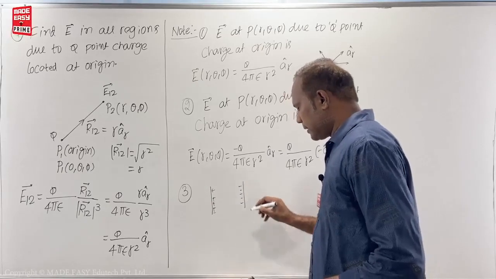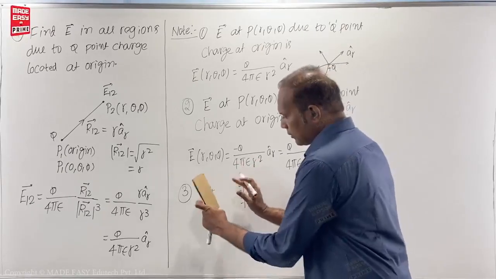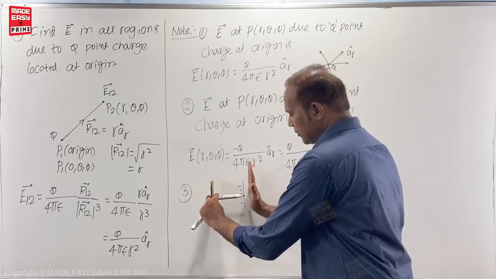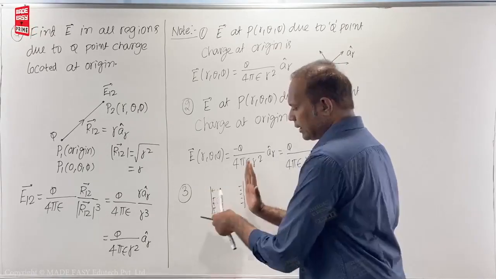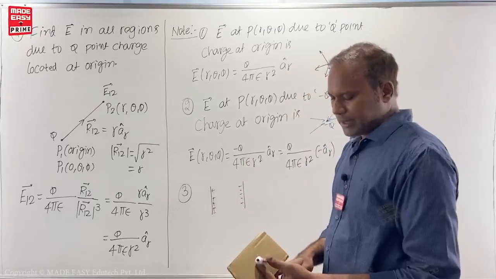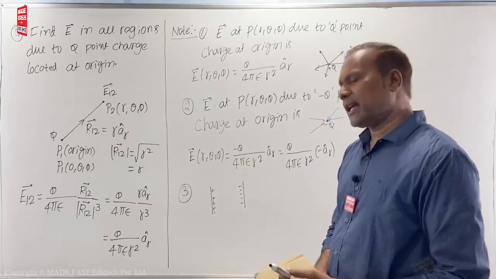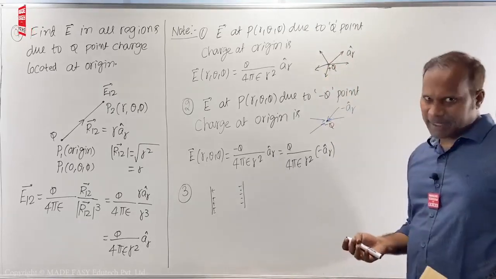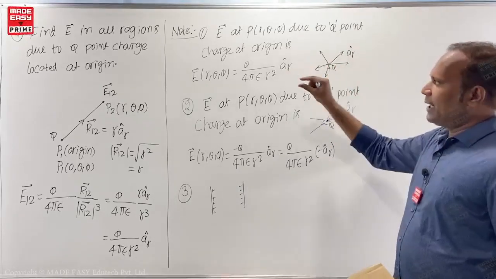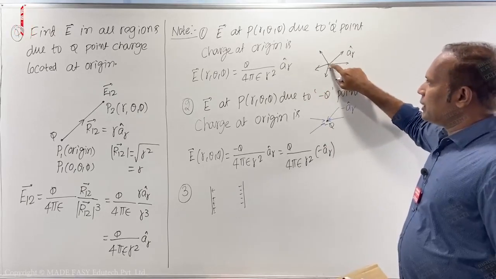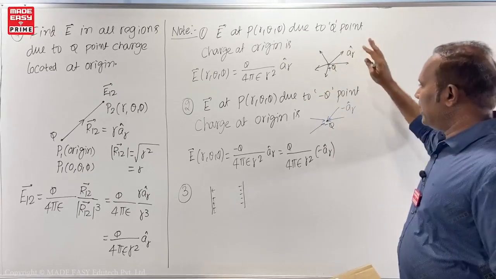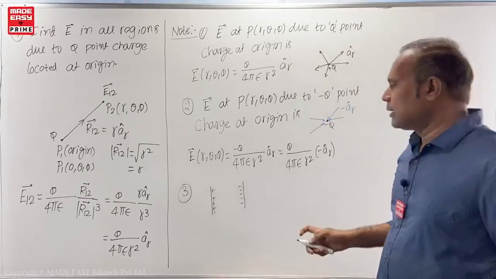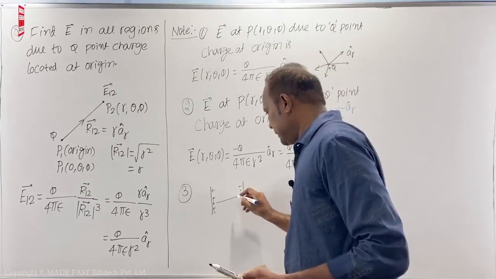Negative charge is there, like this. Now, electric field lines start 90 degrees to the positive charge surface and end on the negative charge surface. That is also an experimental result. Experiment is also seen like that only, but mathematics also says the same thing. Electric field lines are 90 degrees to the spherical surface and go away and end on negative charge again at 90 degrees. So, like this.